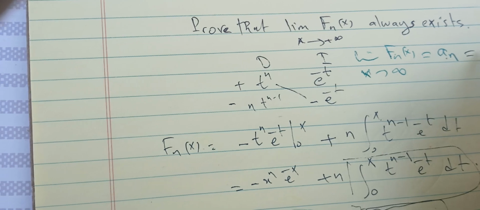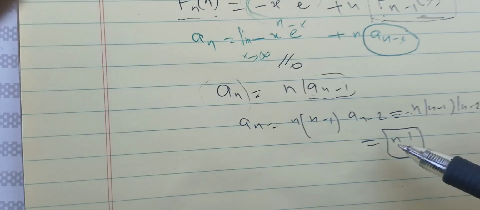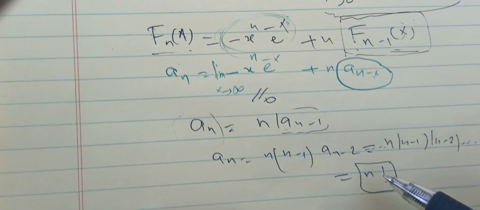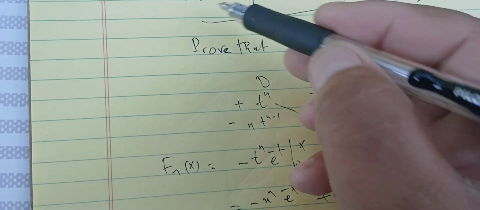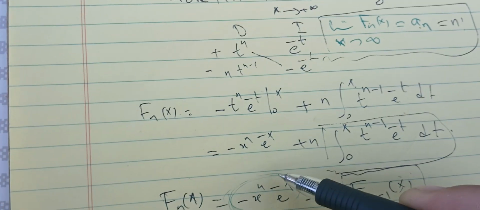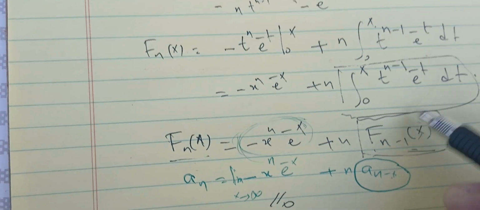In fact, this limit is n factorial. We can use the principle of mathematical induction to prove such results. So we had a link between f_n and f_(n-1), which is the induction hypothesis. Okay, thank you very much.